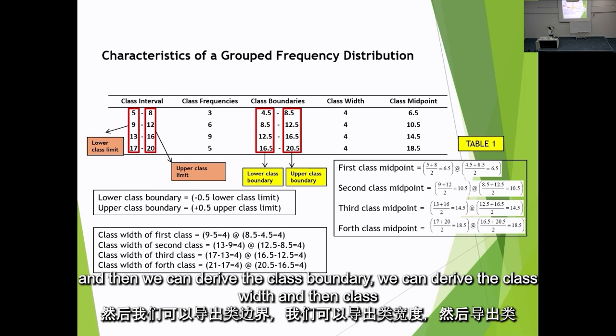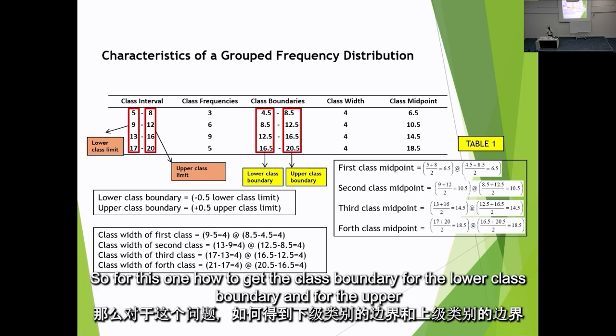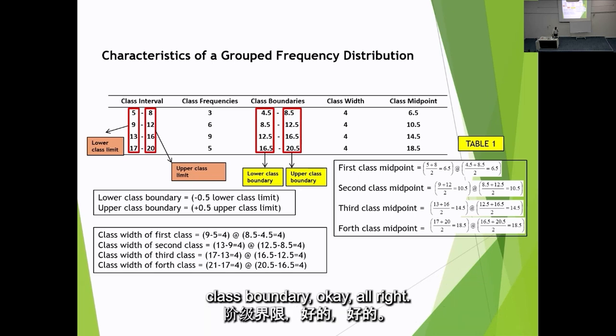Then we can derive the class boundary, the class width, and the class midpoint. So how do we get the class boundary, the lower class boundary and the upper class boundary?